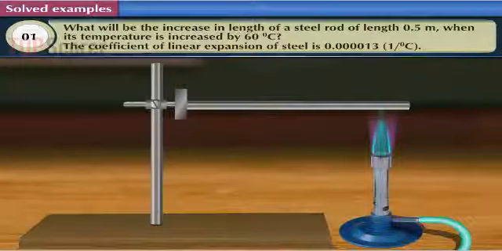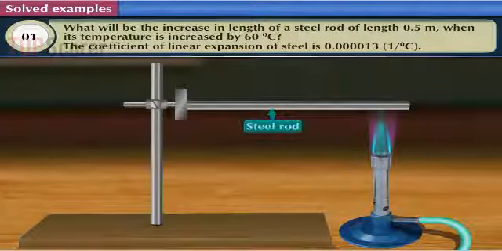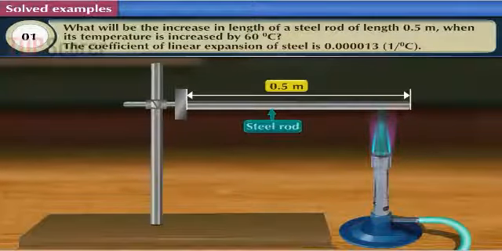Solved examples. 1. What will be the increase in length of a steel rod of length 0.5 meter when its temperature is increased by 60 degrees Celsius? The coefficient of linear expansion of steel is 0.000013 1 upon degree Celsius.